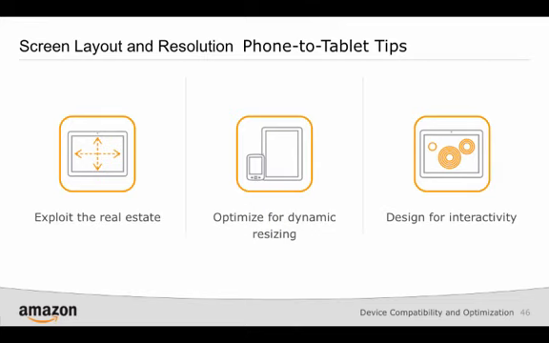Exploit the real estate. Apps that are scaled up from a smaller screen size generally do not look as good as dedicated tablet apps and are feature limited when compared to a similar app designed specifically for the tablet environment. For example, many mobile phone apps are designed as a list of items, for example, postings and photos, that are linked to new pages.